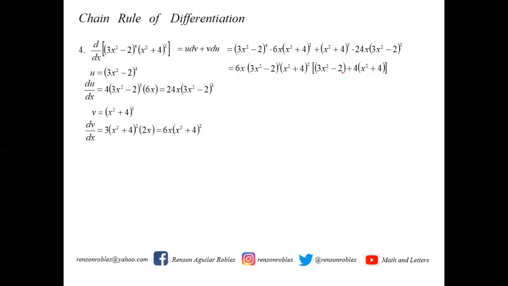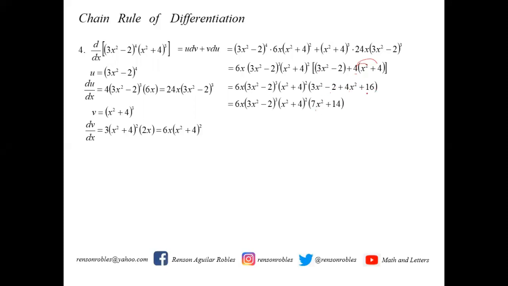And then simplifying, you just copy 6x times 3x squared minus 2 to the 3rd power times x squared plus 4 to the 2nd power. And then this will now become 3x squared minus 2 plus 4x squared plus 16. And then we simplify further. So 3x squared plus 4x squared is 7x squared.